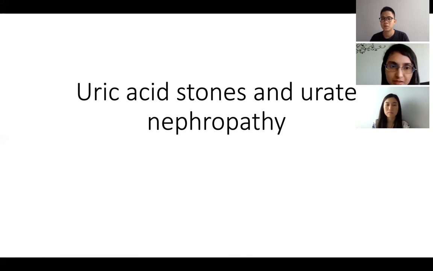But the typical screen that we use would be a urine dipstick to look at the urine pH. And sometimes if they've got previous abdominal imaging, for example, an ultrasound that demonstrates the presence of stones, then urolithiasis is one of the concerns. Then we would also offer uric acid lowering therapy in the setting of, say, frequent flares and hyperuricemia.